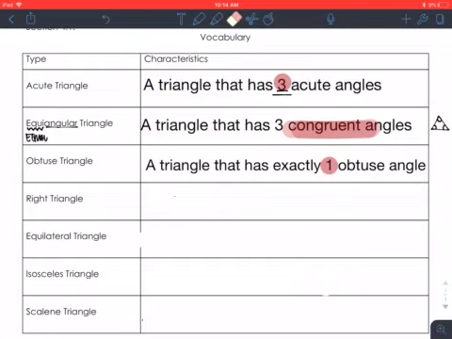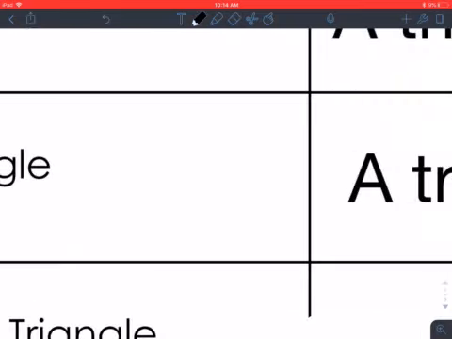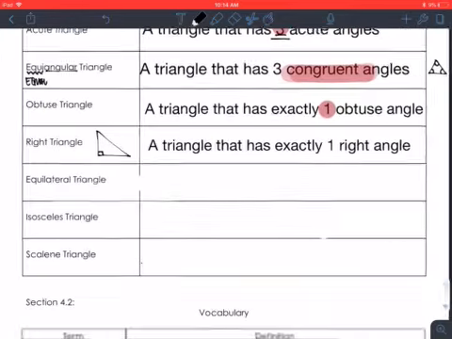And this is going to sound similar to the obtuse, where a right triangle is a triangle that has exactly one right angle. And so, once again, if I would draw a picture of a right triangle, all right, we all know what that looks like. But to signify that it's right, I would have to state that those two sides, or the two legs of that right triangle, are perpendicular.